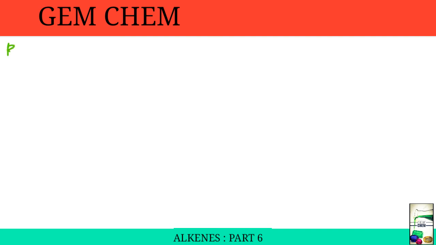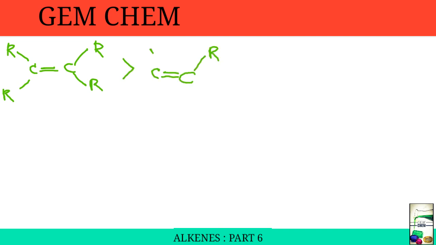First, suppose this is the tetra-substituted one. This one will be the most stable. Then comes our tri-substituted one, which will be a little less stable than the first one. Next comes the di-substituted one.